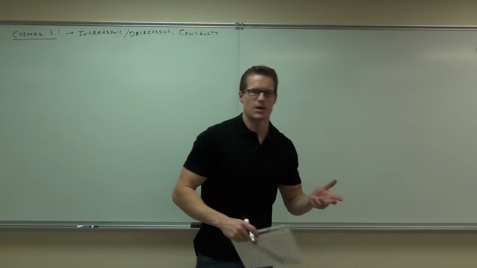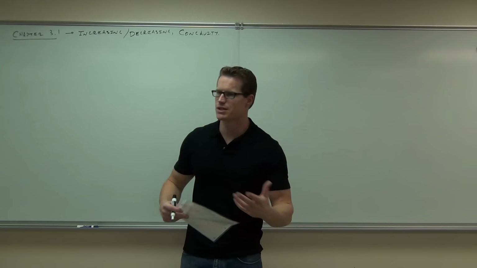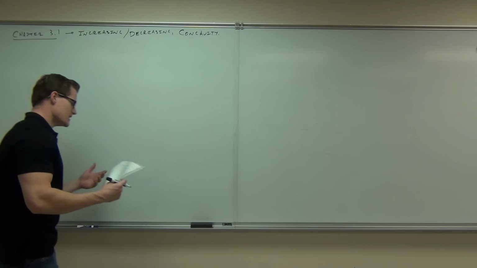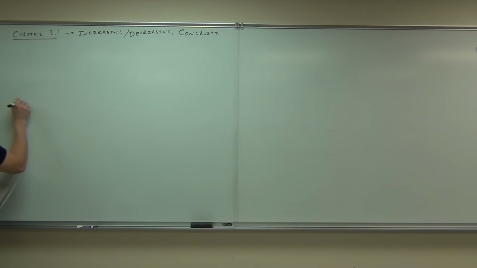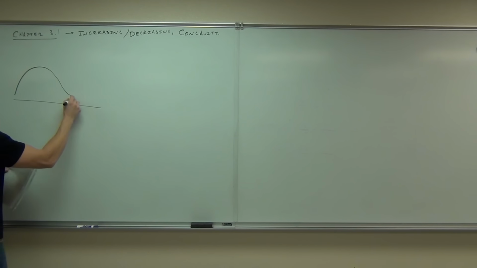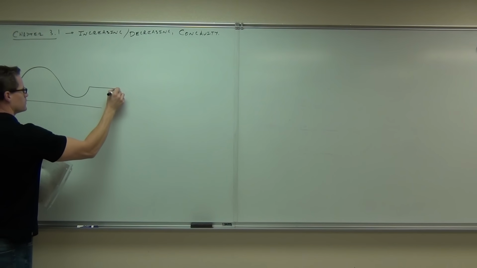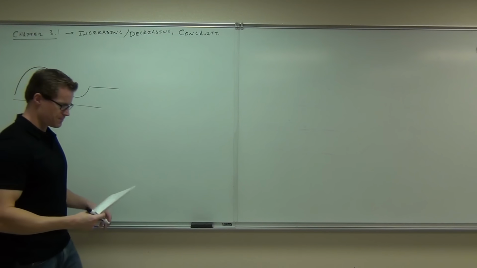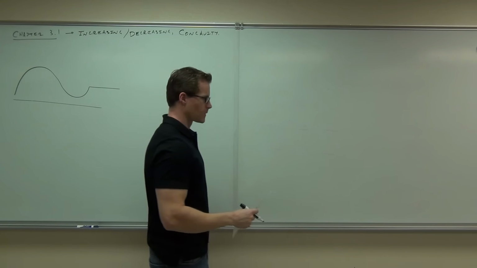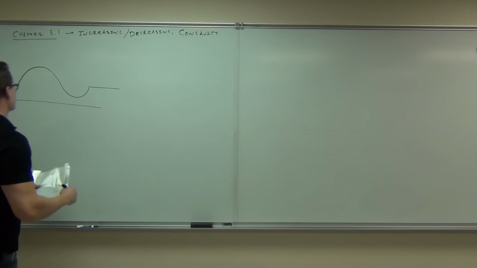Let me give you a graphic example of increasing and decreasing, just so you understand the idea of what's going on. Let's suppose that we have this function, and let's say I break this up.